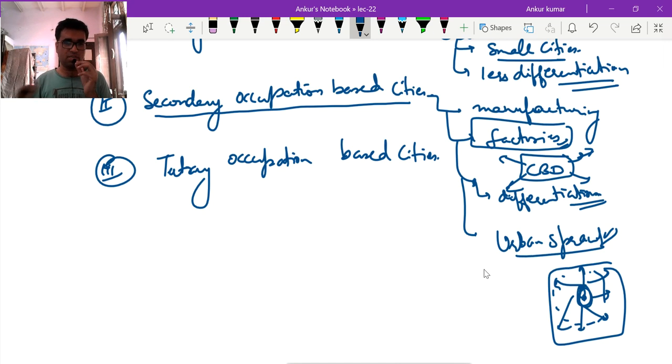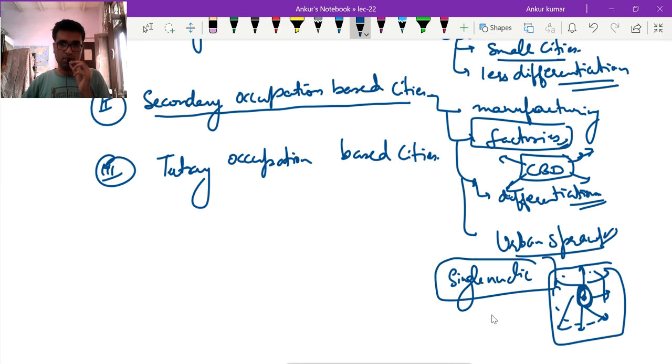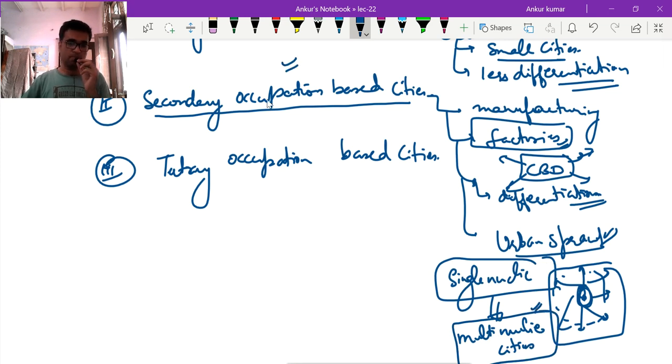This sprawl led to the conversion of a single nuclei city into a multiple nuclei city. The single nuclei city, which was earlier based on the CBD, gradually converted into multi-nuclear cities. So this was based on the secondary occupation.